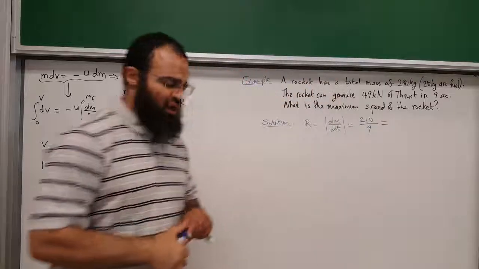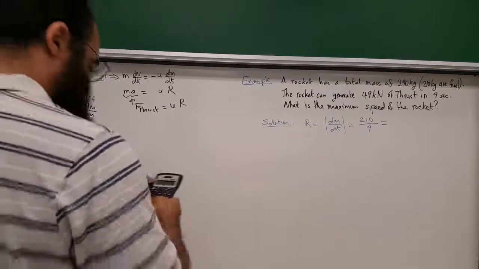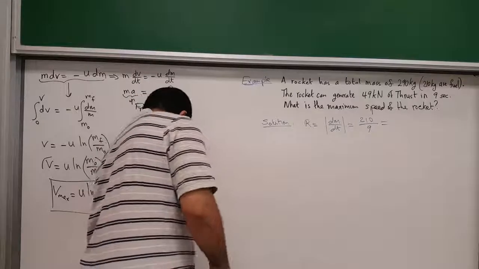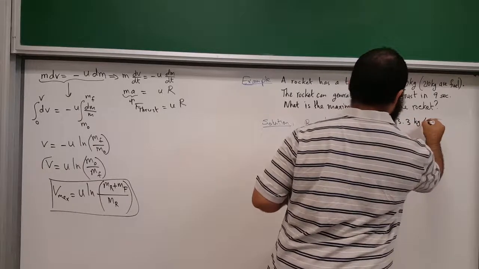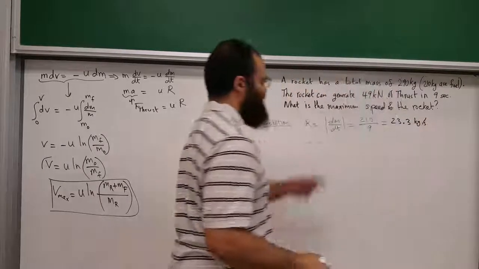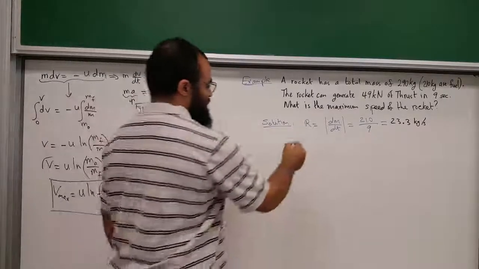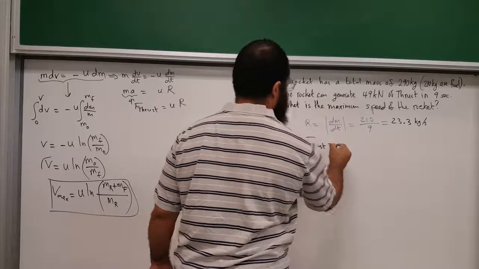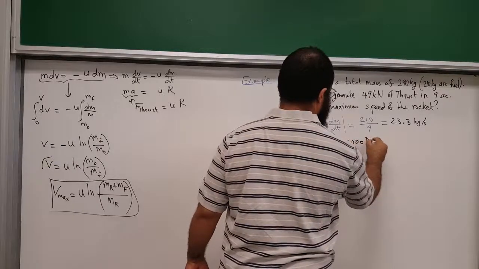Let's get my calculator here to do that. 210 divided by 9 gives me 23.3 kilograms per second. That's a lot of kilograms per second. It's like 50 pounds a second. And then we have the force from the thrust, which is equal to 49 kilonewtons, 49,000 newtons.